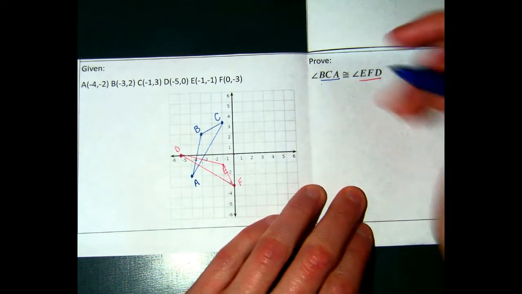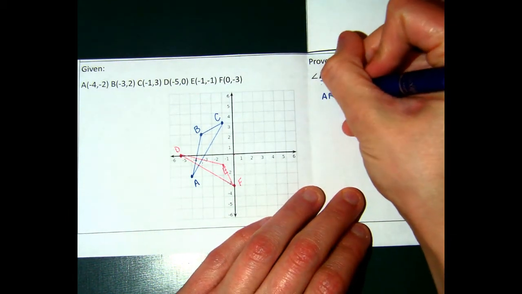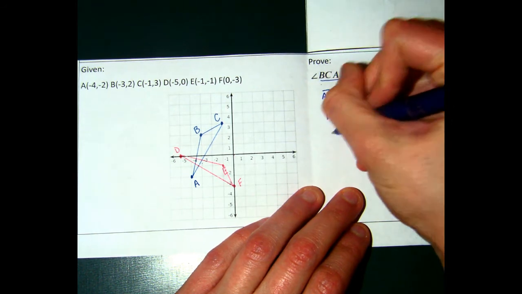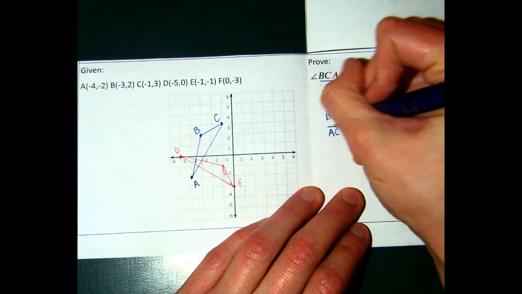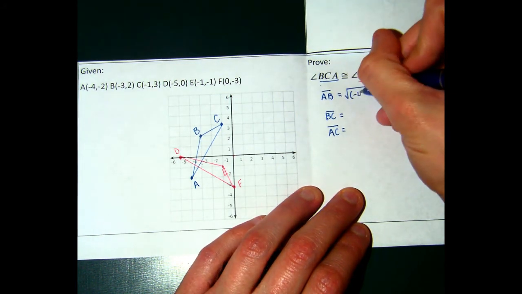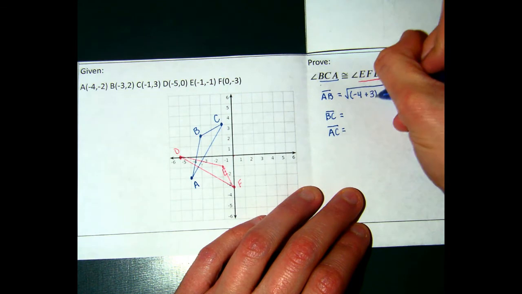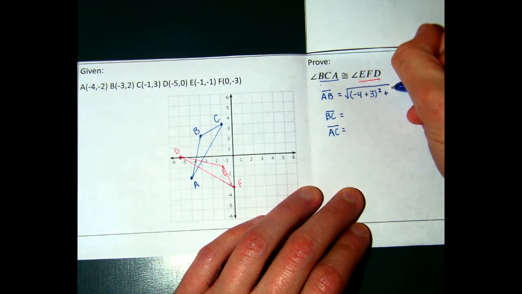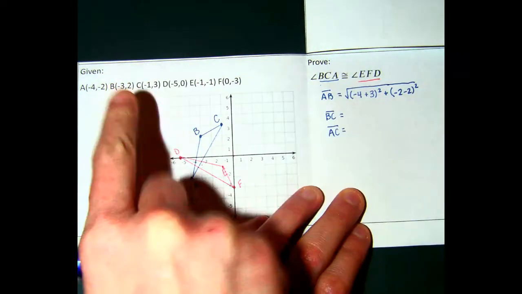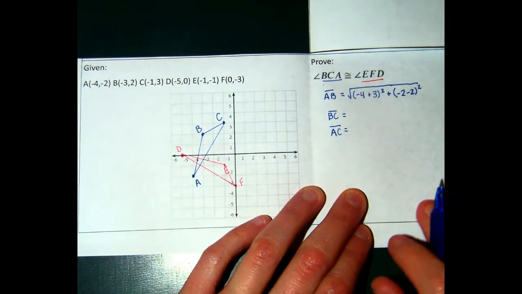So that means I have to find the side lengths of AB, BC, and AC, again using the distance formula. AB, I've got -4 plus 3 squared plus -2 minus 2 squared. And those points are coming from these values over here. I'm not sure you can see it yet.